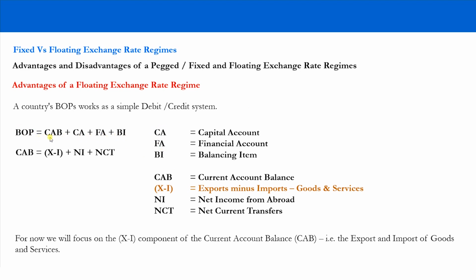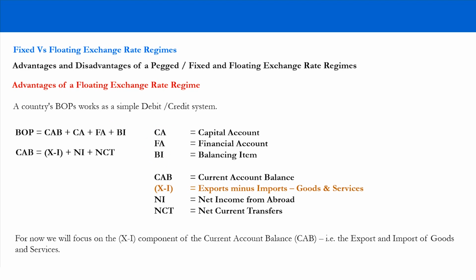So the balance of payments is the sum of the current account balance, the capital account, the financial account, and the balancing item. Now let's not worry too much about the capital account, the financial account, and the balancing item.